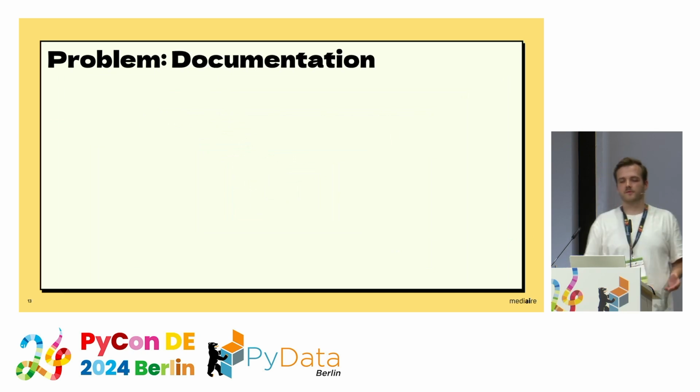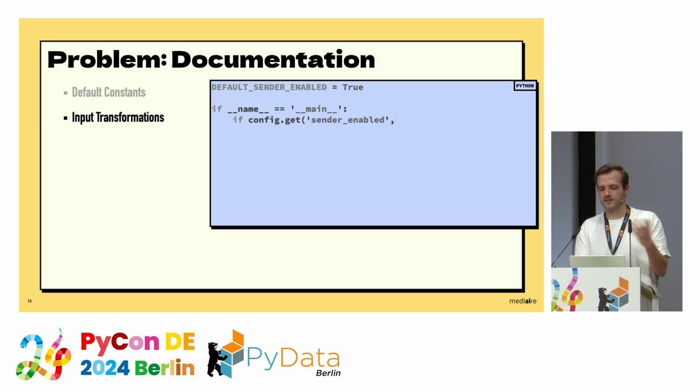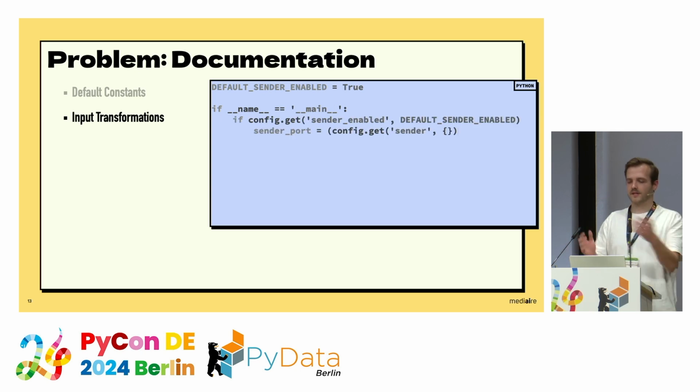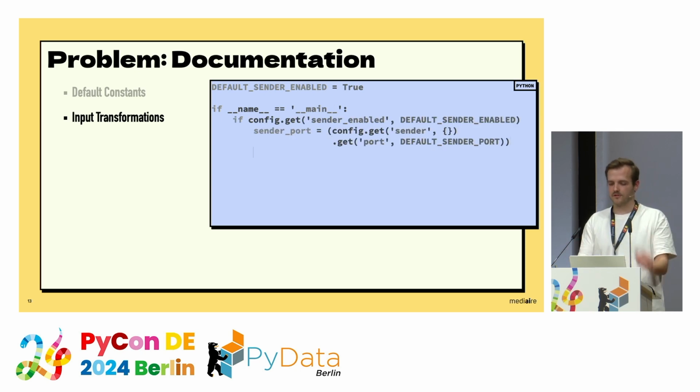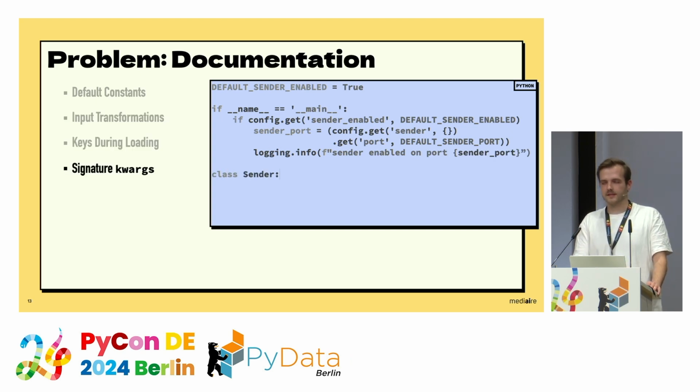And the last problem that we encountered was the documentation aspect of things. So these default values, you define them as constants, and then you also have a lot of boilerplate code that you use for input transformations. So in this case, I'm extracting the default value into some other variable because I need to normalize it, supply the default value and everything, and log it. And then you also need to access these keys during every access.